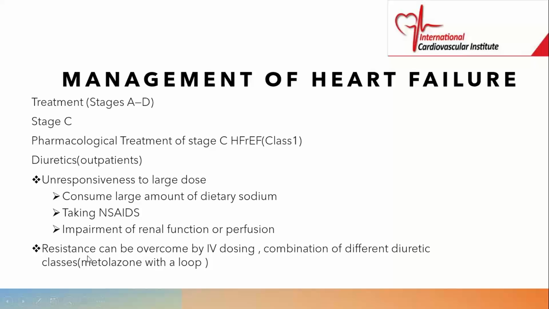If you want to overcome diuretic resistance, you can do IV dosing. A patient accumulating a significant amount of fluid and not responding to the PO diuretics, you might put them in the hospital and give them some IV diuretics, or you can combine different diuretic classes, such as a loop diuretic with metolazone, or a loop diuretic with spironolactone or Aldactone.